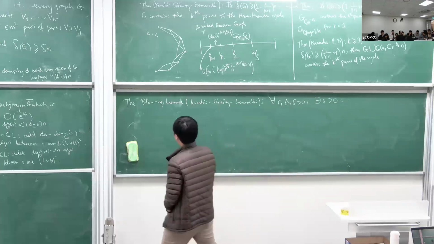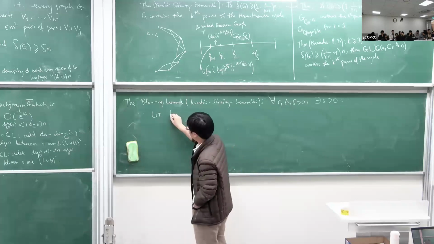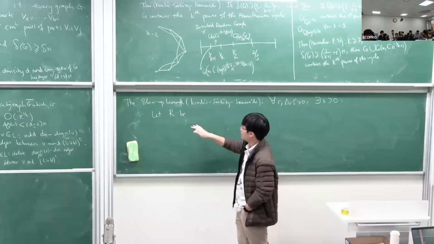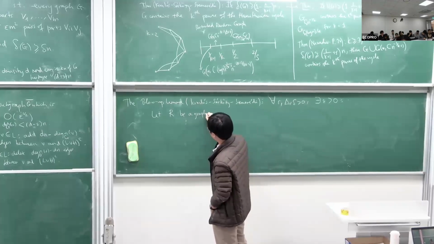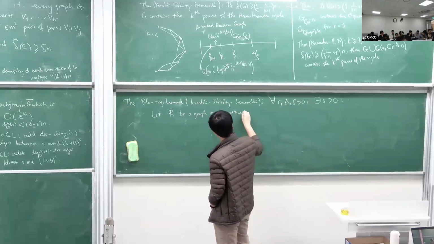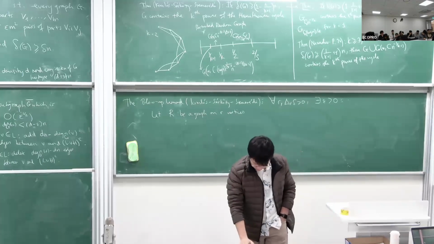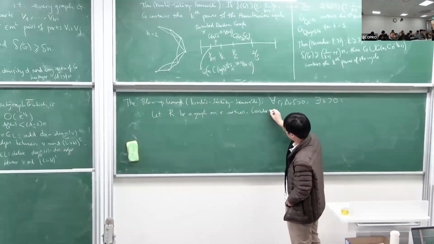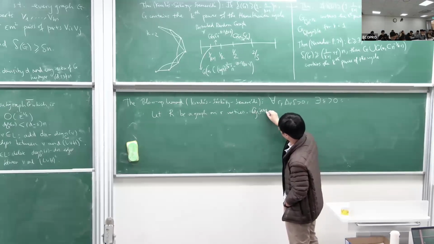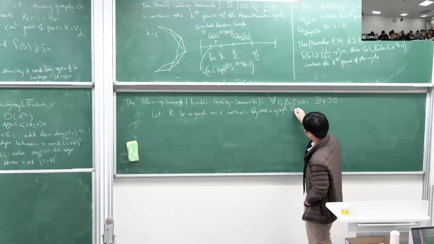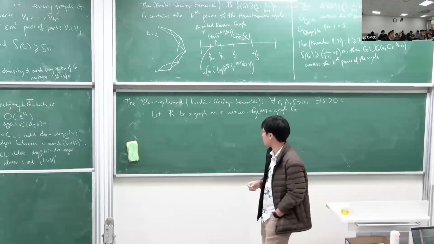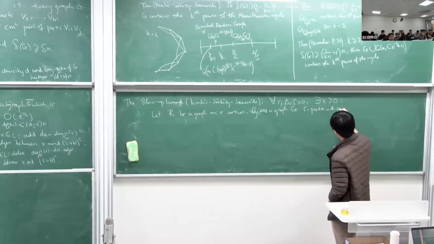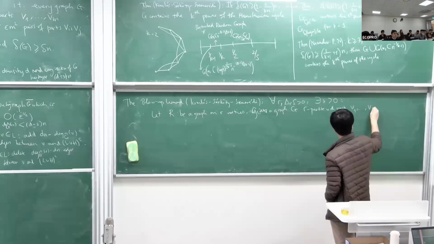So what does this result say? First we have some graph R, like the reduced graph after you apply the regularity lemma. Let R be a graph on little r vertices. As the input to the problem, we are given a graph G. G is actually an R-partite graph, and the parts are V1 up to VR.